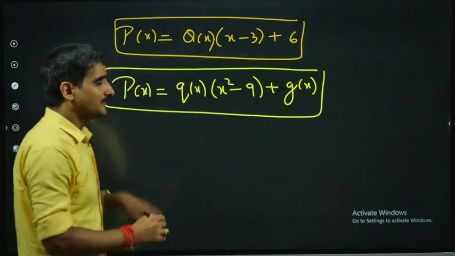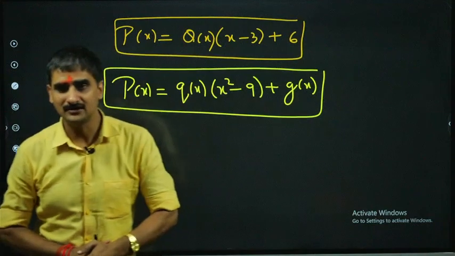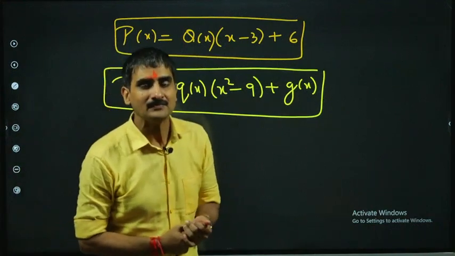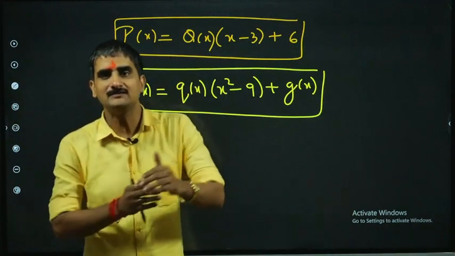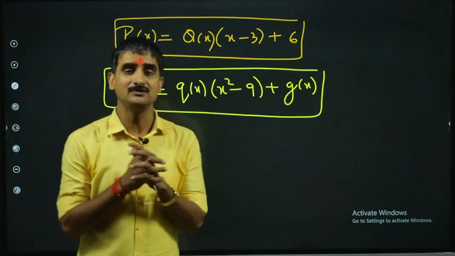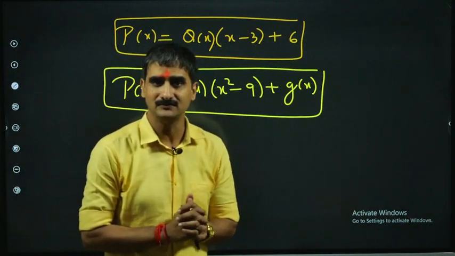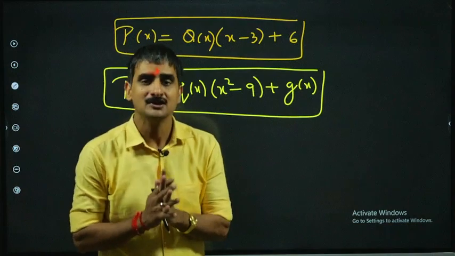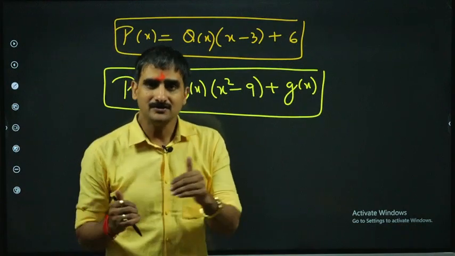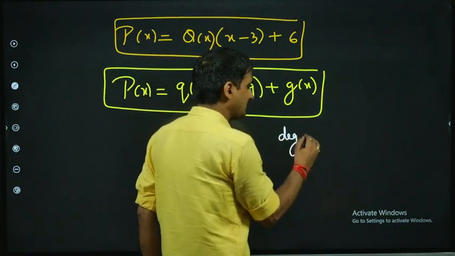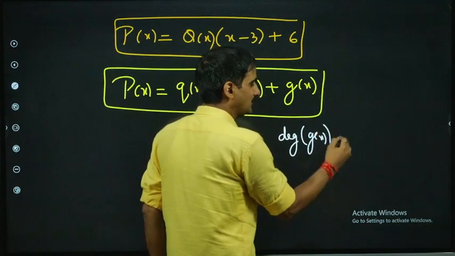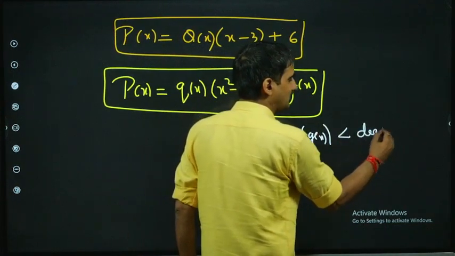Now, you all would have seen or done Euclid's division lemma. That's a lemma that's true for integral dividend and divisor. But in general, the division algorithm says that if dividend and divisor are both polynomials, then the degree of the remainder will always be less than the degree of the divisor.